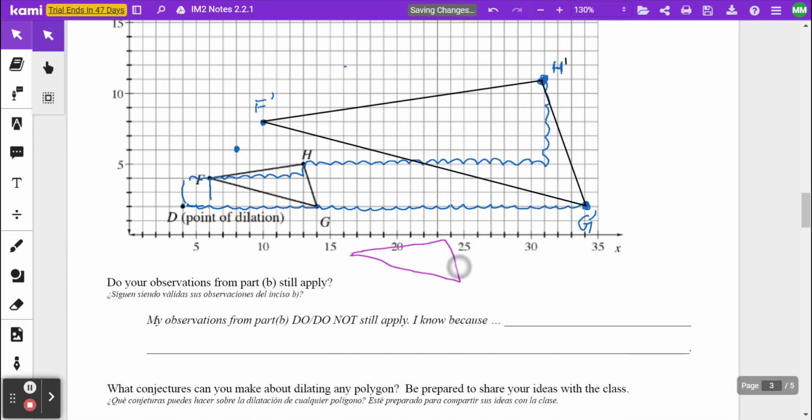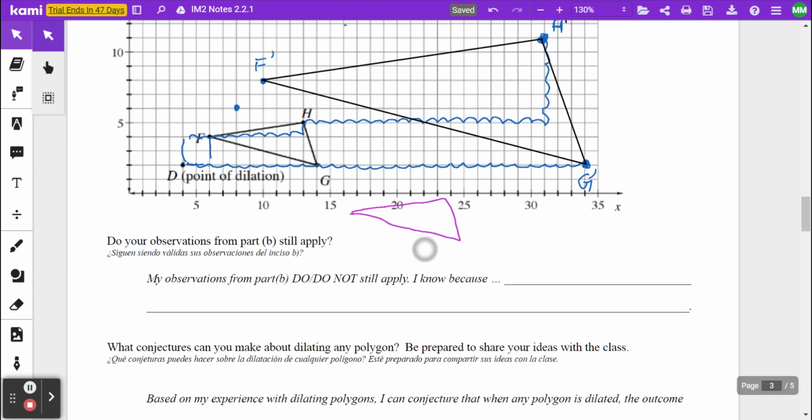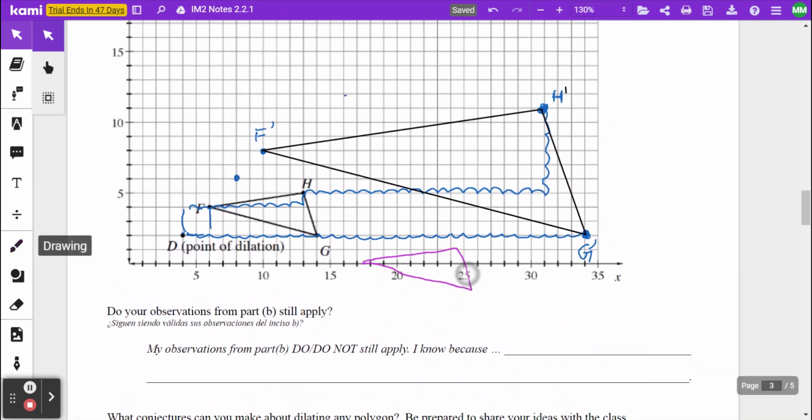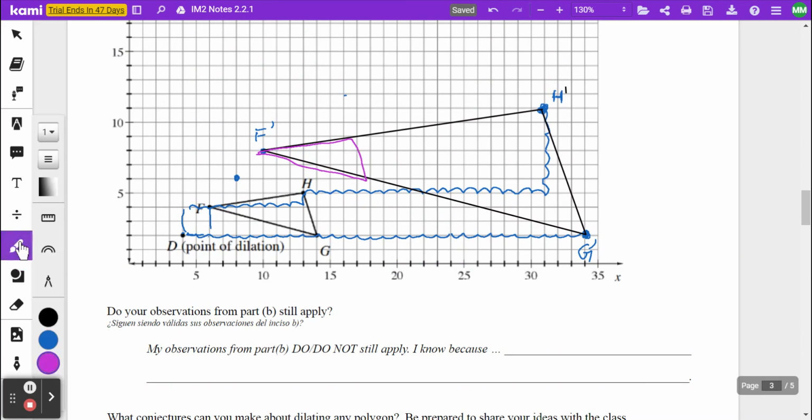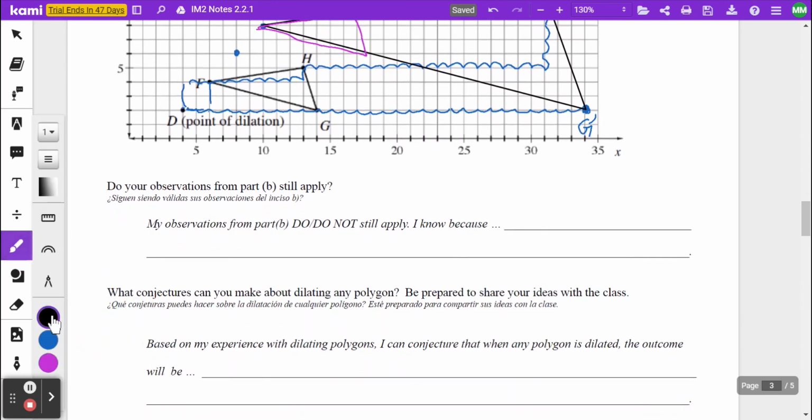So the angles are still congruent. The corresponding angles are congruent.